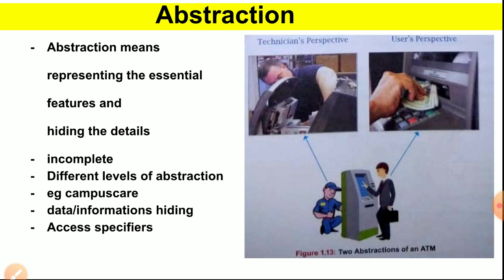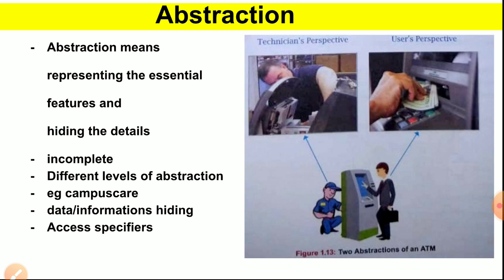That is known as abstraction. Means an incomplete information is given to you regarding as to how ATM machine operates. You only know how to use it, but you don't know its inner working. Okay, that is one level of abstraction, you as a customer of the bank.